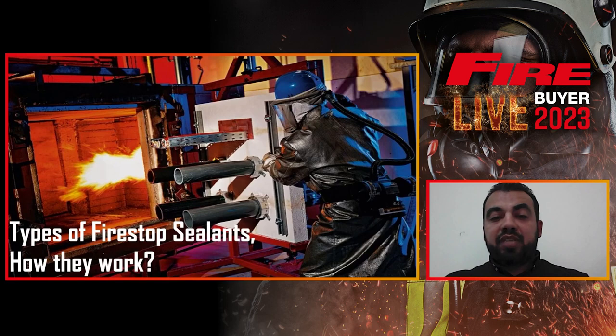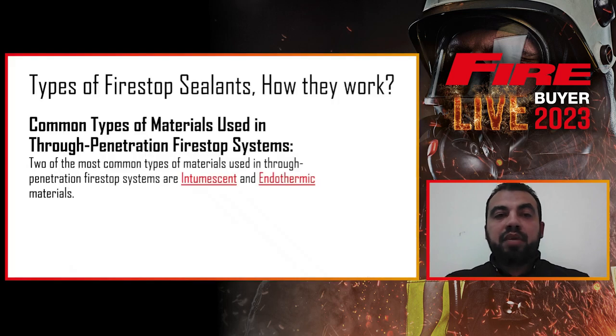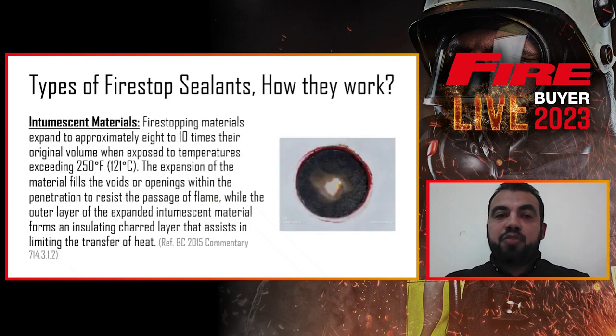Let's move now to the types of fire stop sealant and talk in depth about how they work. The common types of material used in through penetrations are mainly two types: intumescent materials and endothermic materials. Intumescent fire stopping materials expand to approximately 10 times their original volume when exposed to temperatures exceeding 250 Fahrenheit.